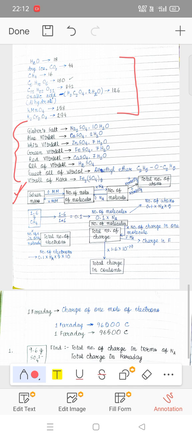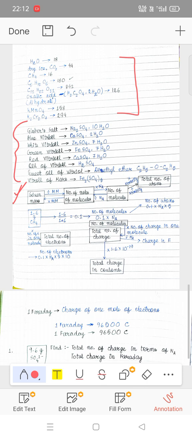So total number of charge divided by Na gives the charge in Faraday. Next, total charge in coulomb equals the total number of charge into 1.6 into 10 to the power minus 19. Then we will get total charge in coulomb.